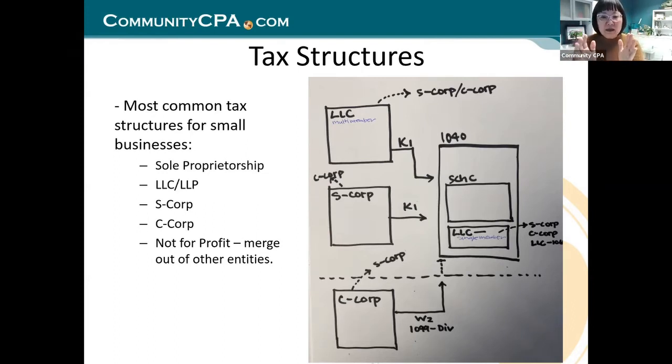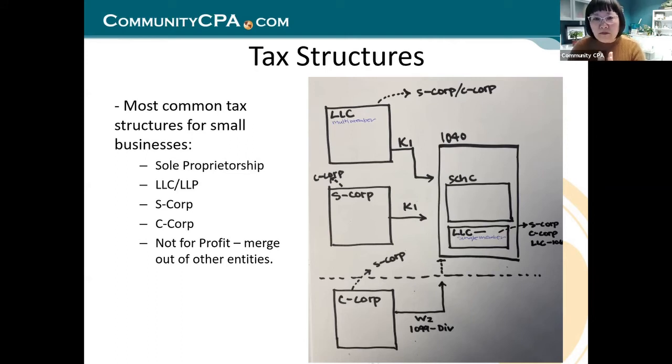These are the ones we call disregarded entities. The LLC is disregarded because it is a single-member LLC, so it is treated just like Schedule C. That's your sole proprietorship, so it is included in the 1040.